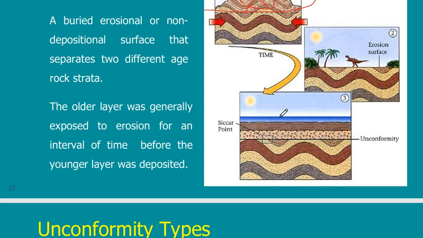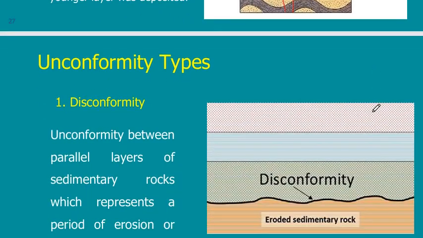So if you have a site investigation and a borehole, and you find this soil and this rock and this rock, and then other types of rock that belong to very old ages, it means that there is an unconformity in this shape.